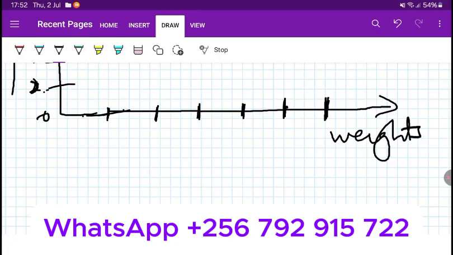So we start with 50, 60, 70, 80, 90, up to 100.